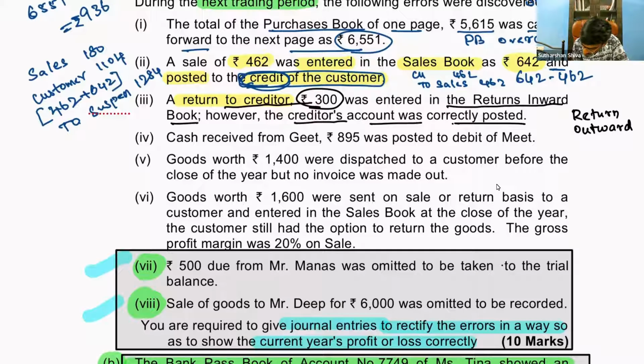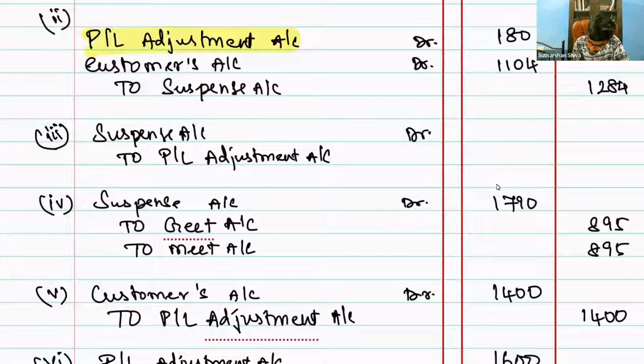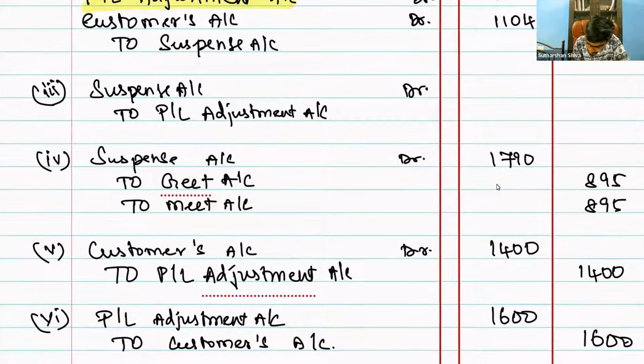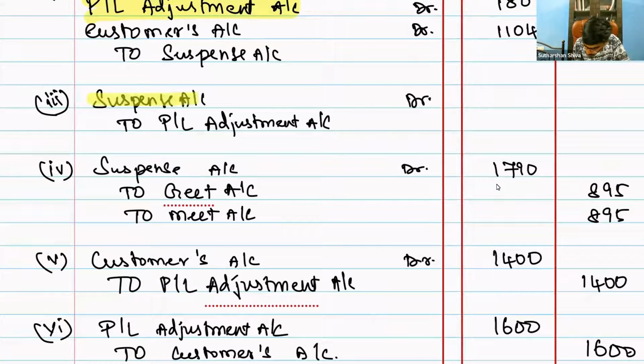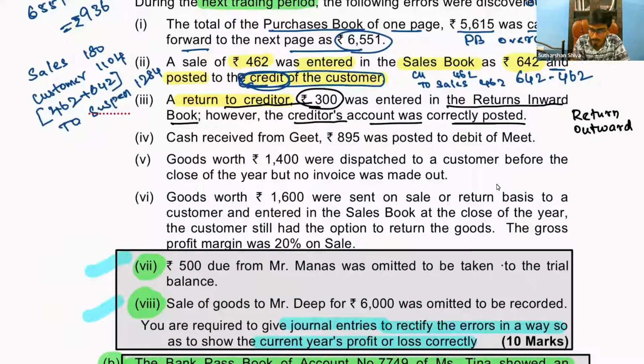However, the creditor's account was correctly posted. For that, you can directly go for an answer. The entry will be like suspense account to P&L adjustment account. So I need to nullify that entry. For that purpose, I need to put 600 over here. Because the 300 is an error, again I need to rectify it, so I will post it by 300.